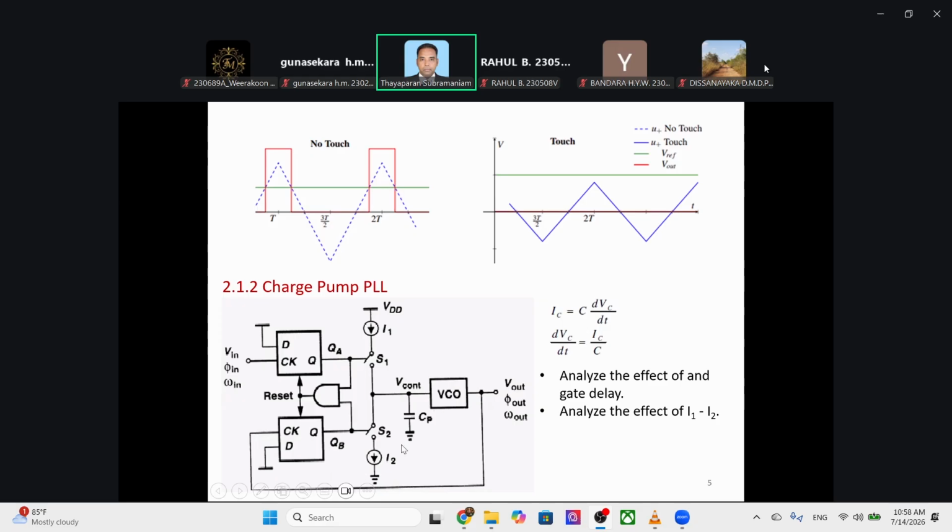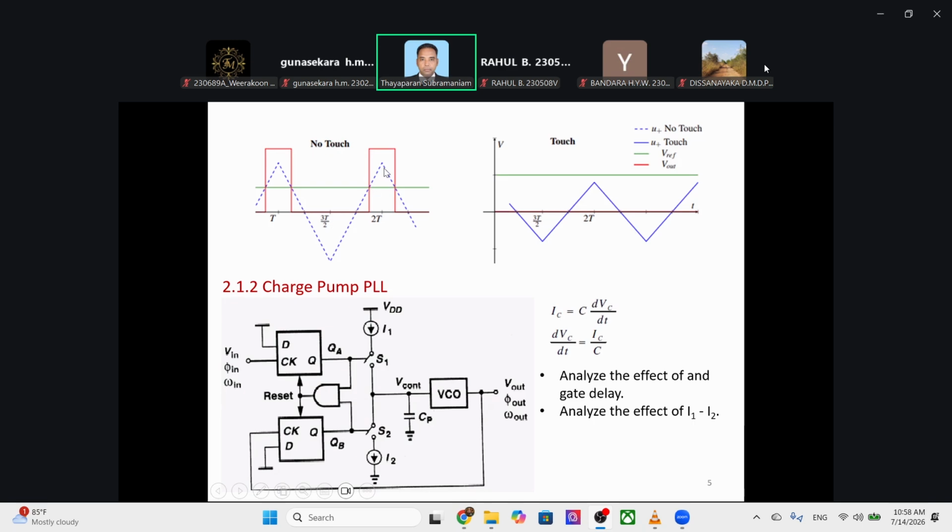In the capacitor, since the current is constant, IC is equal to C dVC over dt. Since the current is constant, dVC over dt is constant, so VC is a linear curve. That is why we have a linear curve here. It is not a charging and discharging exponential curve. It's a linear curve.